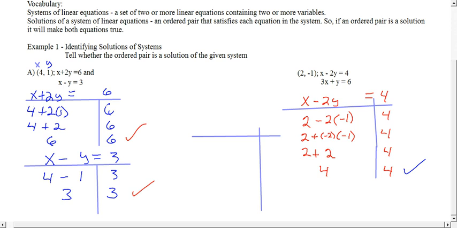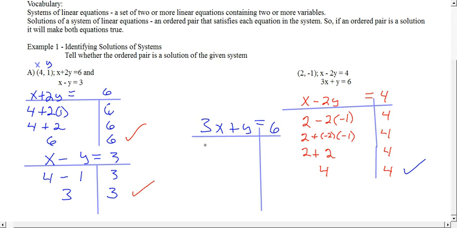So now we're looking at the equation 3x plus y is equal to 6. And again, we're using (2, -1).